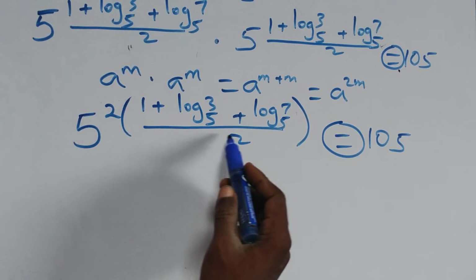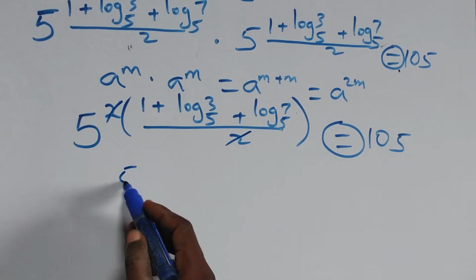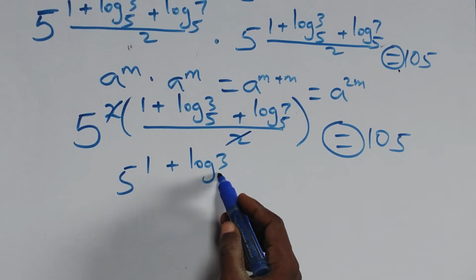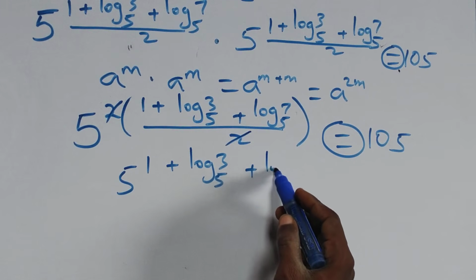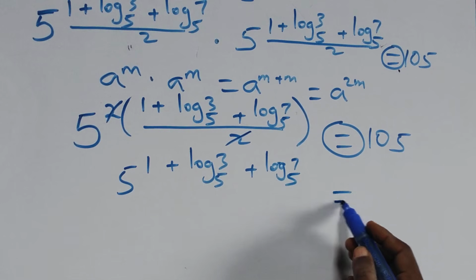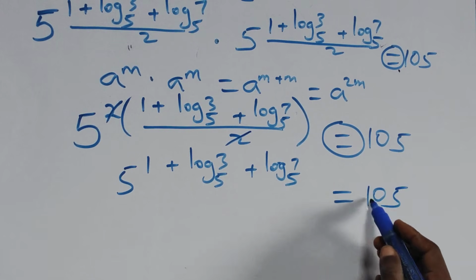Okay. This power multiplies, 2 cancel each other here. We have 5 raised to power 1 plus log 3 base 5 plus log 7 base 5 is equals to 1 around 5 on this side.